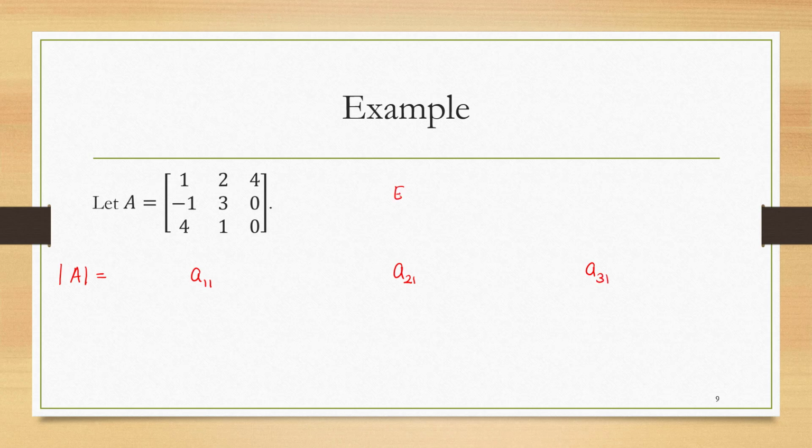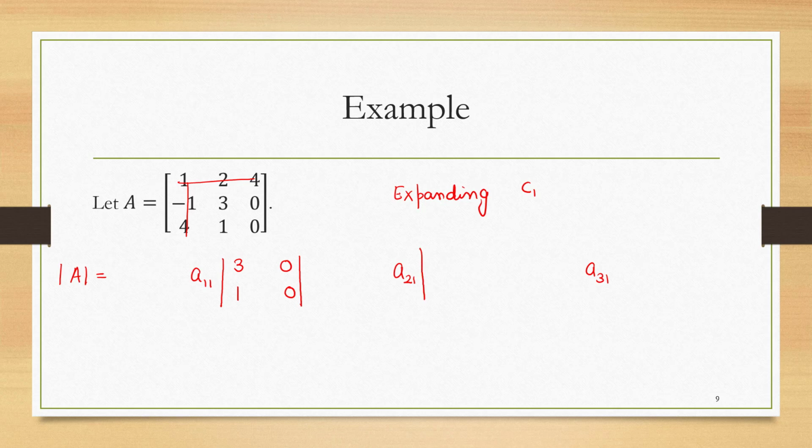Let me express here that we are expanding column 1. Along with, we will be taking 2 by 2 determinant. So 11 means leaving the first row and the first column. We get 3 0 1 0.